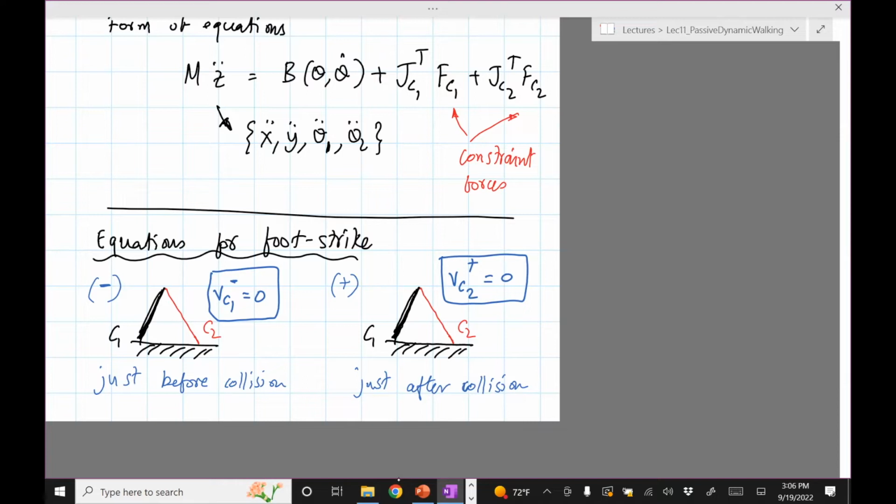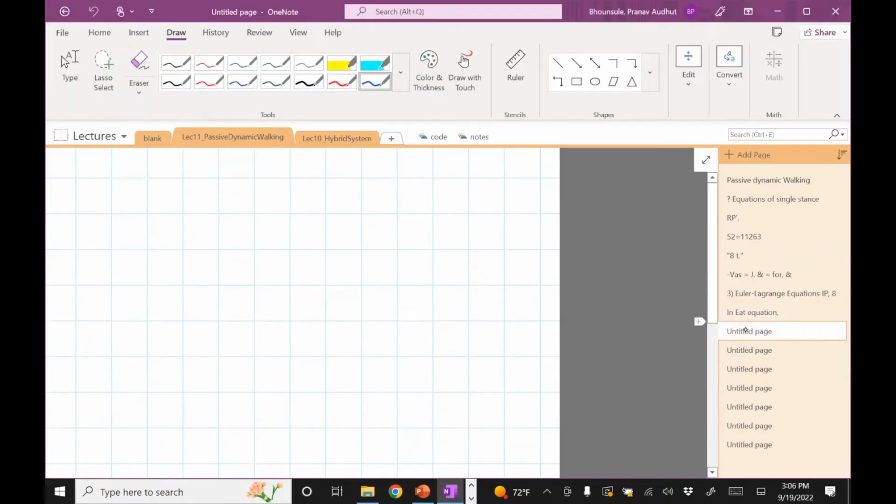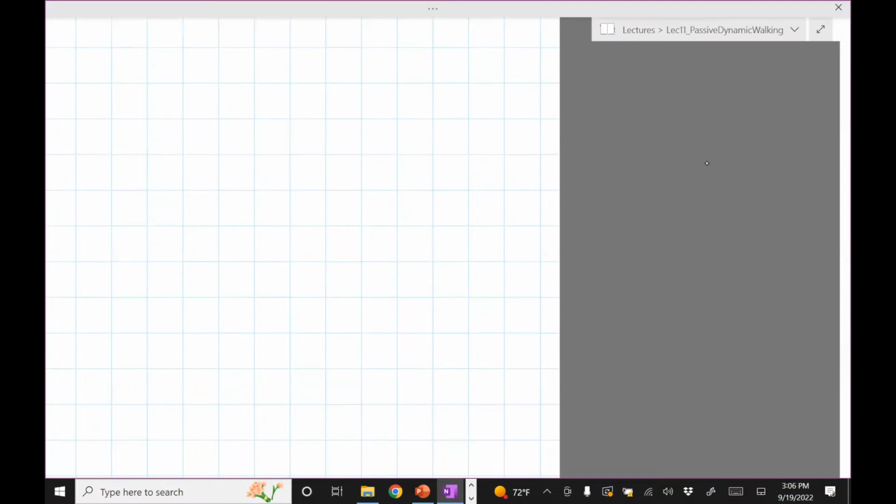Okay, so with that, let's see how to get the equations for foot strike. So we wrote down m z double dot equals p theta theta dot.